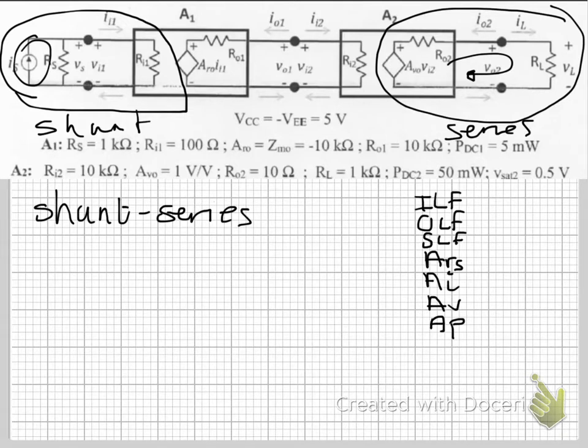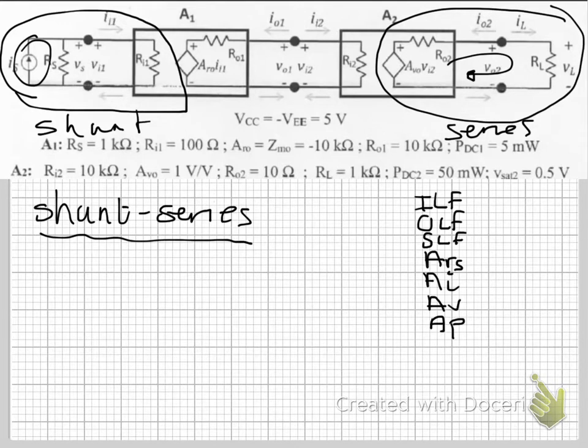Okay, and when you ask for the transconductance, when you're not sure of how to translate this into your voltage gain, your transimpedance gain, or whatsoever, you can basically look at your output and your input.